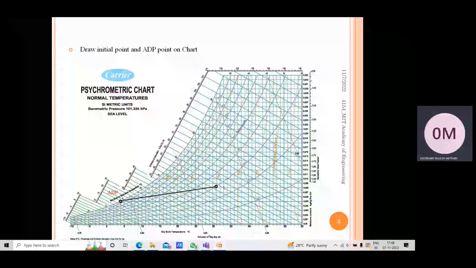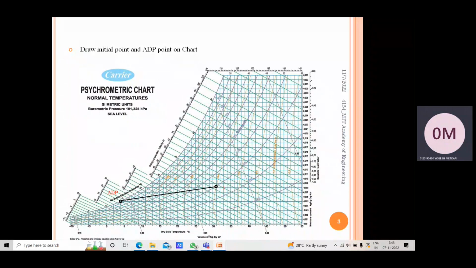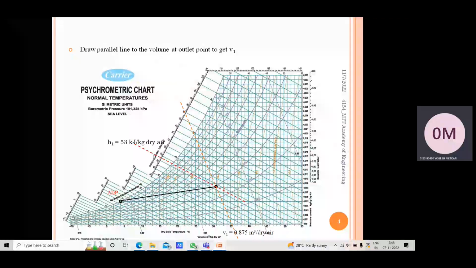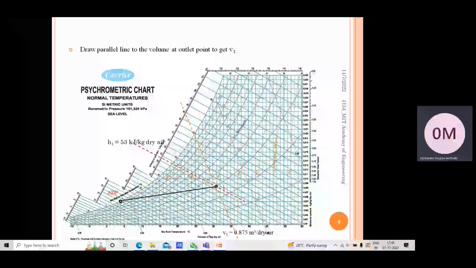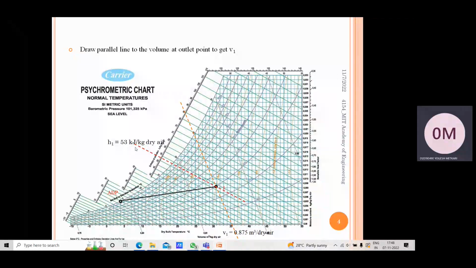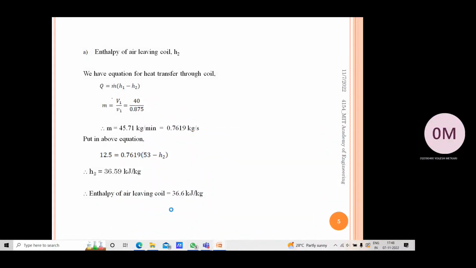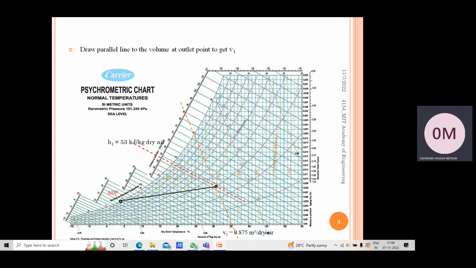So after drawing the 2 points, we have to find some basic values for point 1. Here we can draw this line parallel to the enthalpy lines passing through point 1, so that we can get the enthalpy at point 1, which is around 53 kilojoule per kg of dry air. And after that, this is the line parallel to the specific volume lines.